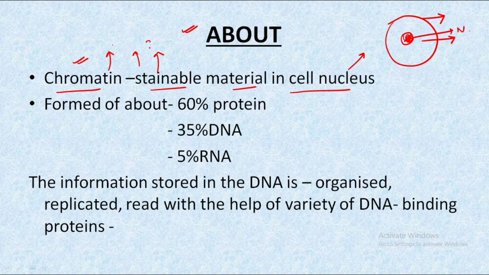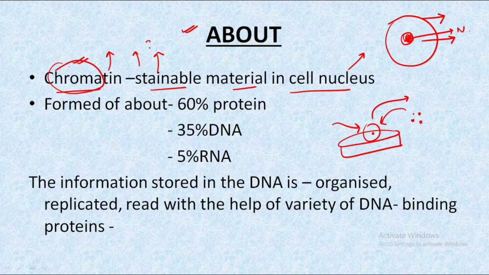For example, consider we have a cell immersed in a watch glass, and we have poured some methylene blue on it. Chromatin, being a stainable material, when we observe this cell under the microscope after a few minutes, we could easily detect where the chromatin is present. Why? Because by that time chromatin would have taken up the stain.